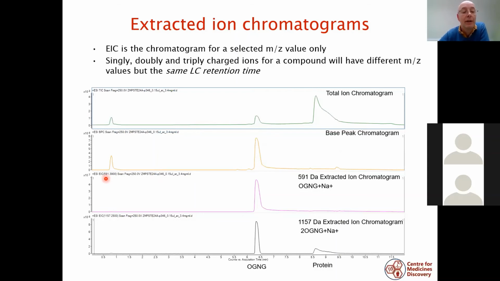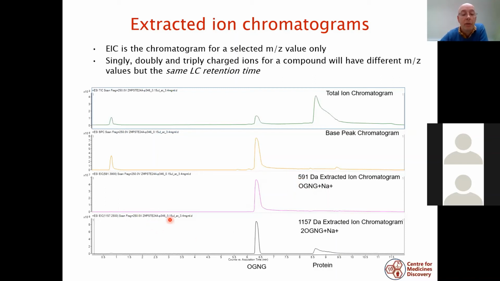In this case, the m/z of interest is 591.3 daltons, and that is the mass of OGNG, which is the detergent, and that will give you a peak which corresponds only to that m/z value. It's actually not OGNG, it's sodiated OGNG. OGNG itself is 568 daltons.